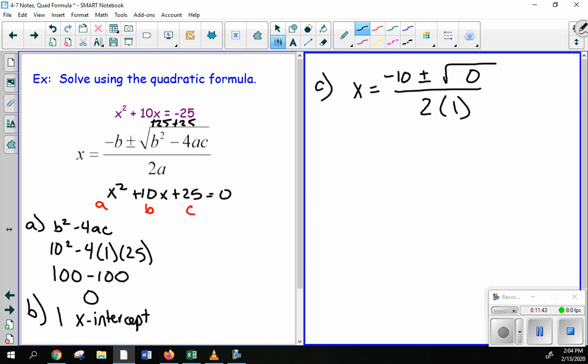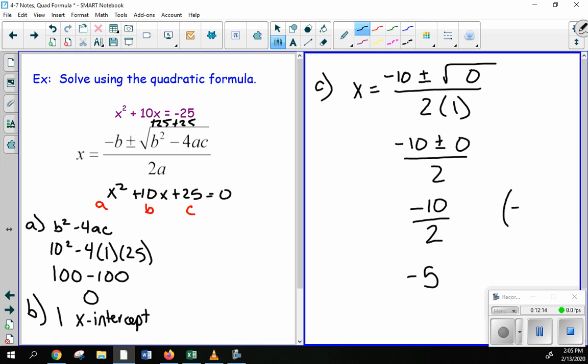As soon as you do that, you look at the root and make sure you simplify or solve it. The 0 is a perfect square. What is the square root of 0? What times itself equals 0? Yeah, 0. So I have negative 10 plus or minus 0 over 2. Negative 10 plus 0 is negative 10, and negative 10 minus 0 is negative 10, so I don't even need the plus or minus 0 anymore. So I can just have negative 10 over 2, which is negative 5.